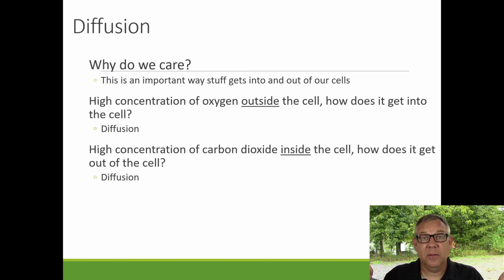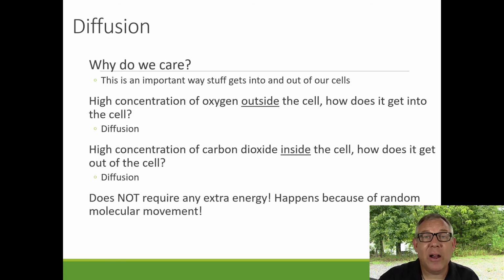You've got a high concentration of carbon dioxide inside your cell. You've got to get rid of that. How are you going to get it out of your cell? It's just going to diffuse out by random molecular movement. You've got a high concentration inside your cell, a low concentration outside your cell. The molecules are going to move from high to low, and they're going to exit your cell. And so lots of stuff crosses your cell membrane by just diffusing.